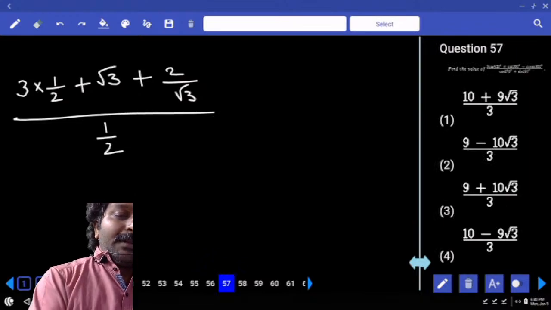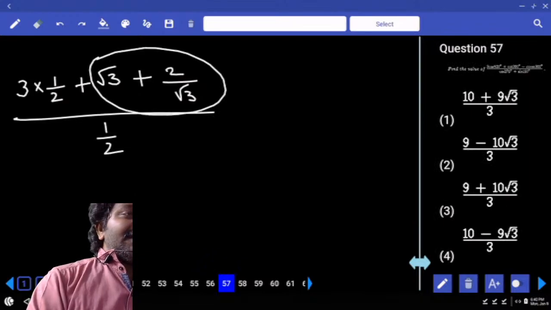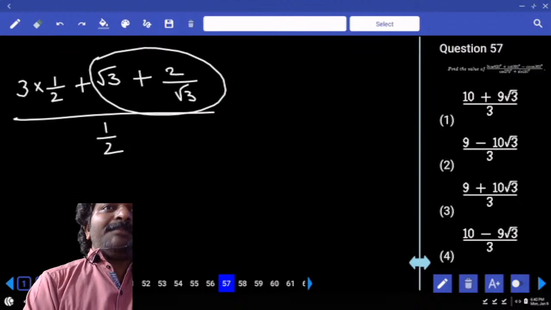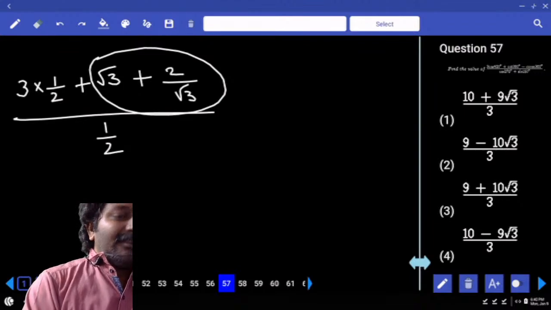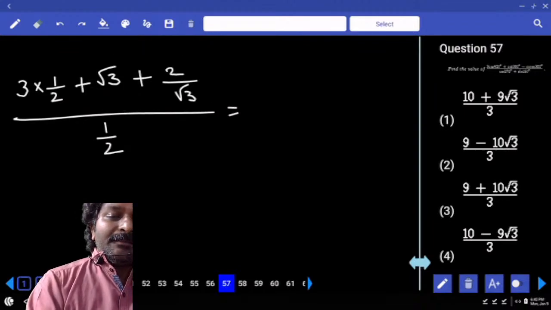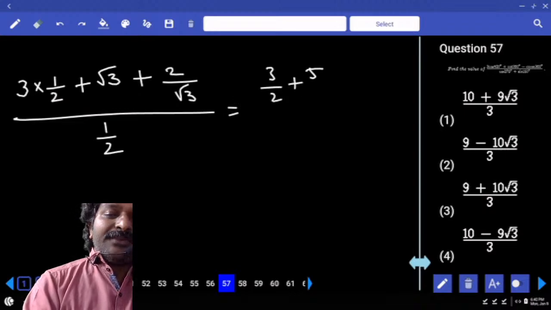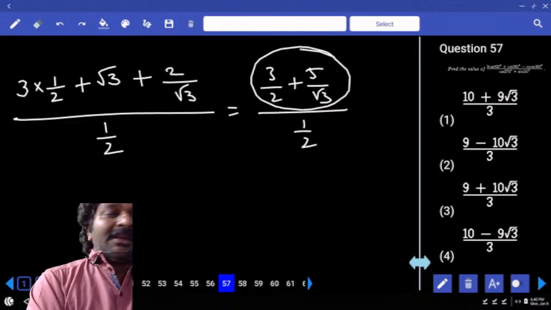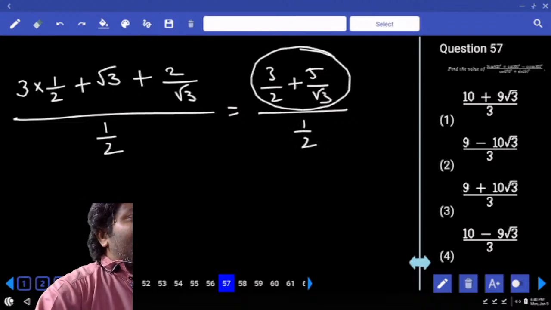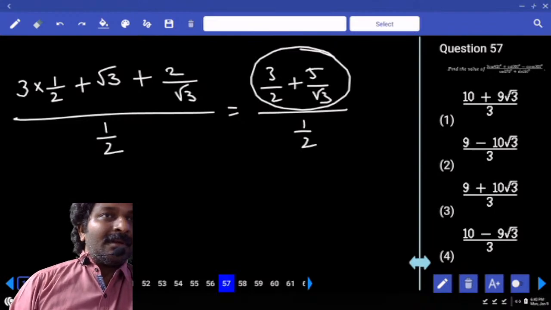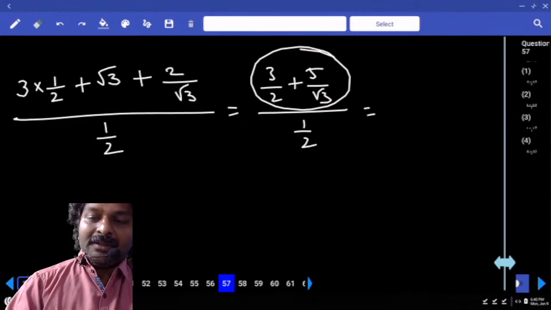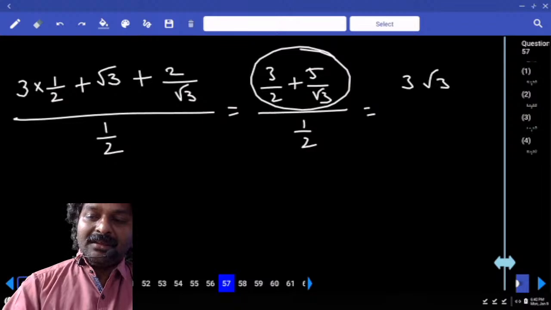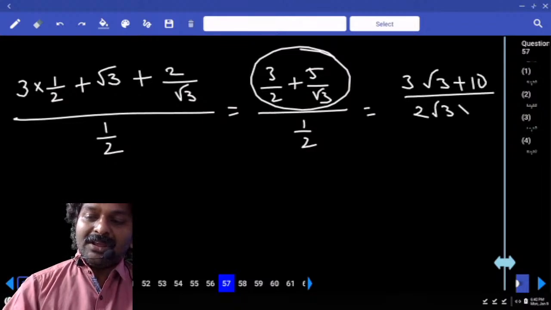Okay. Now, let me simplify this. 3 plus 2 by root 3 is 5 by root 3. So 3 by 2 plus 5 by root 3, by 1 by 2. Now let me complete the numerator: 3 root 3 plus 10 by 2 root 3, into 1 by 2. 2 gets cancelled.